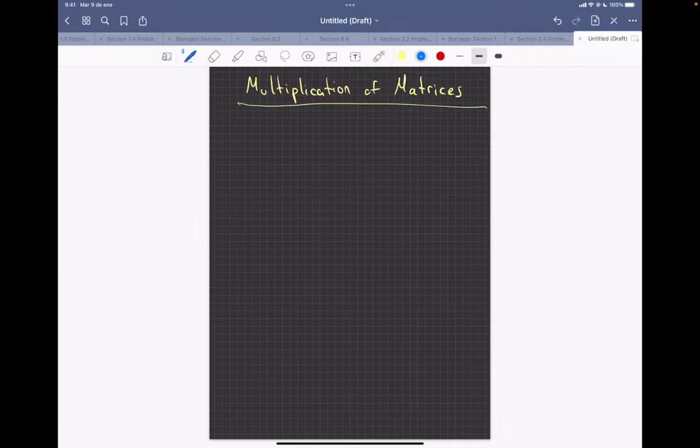Let's say that we have two matrices. Example. Matrix A: 2, 1, 0, and 3.